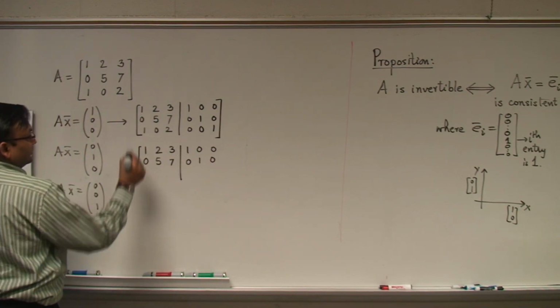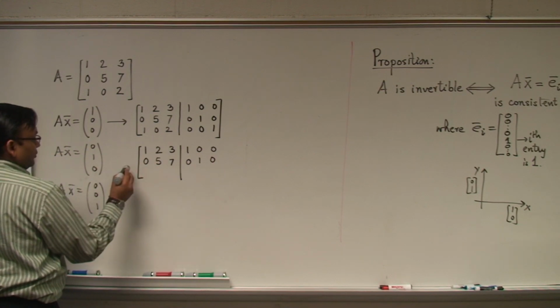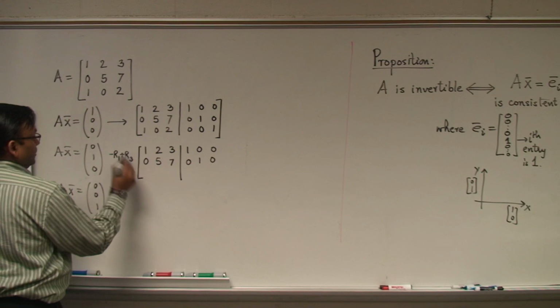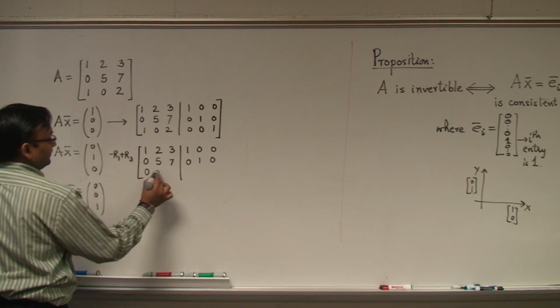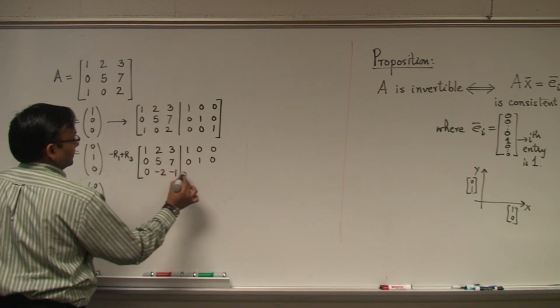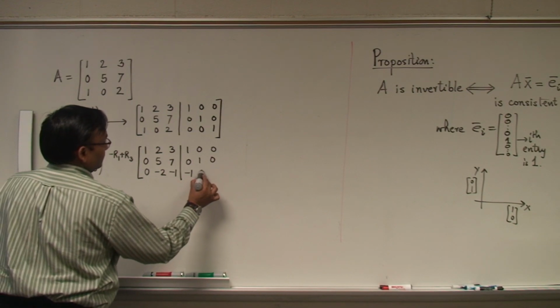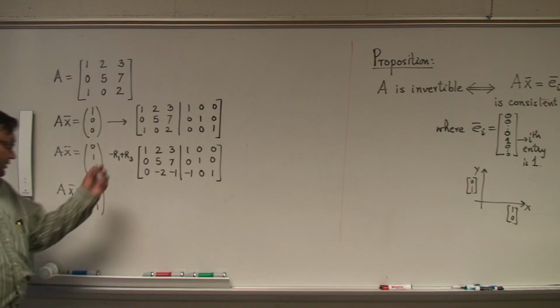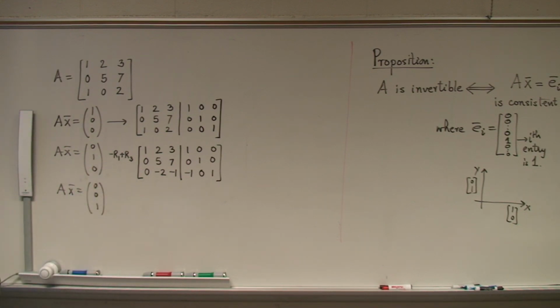Then I will use minus row 1 added to row 3, and this will give me 0, minus 2, minus 1, minus 1, 0, and 1. Okay. So at least I have achieved that in the first column I have one pivot.